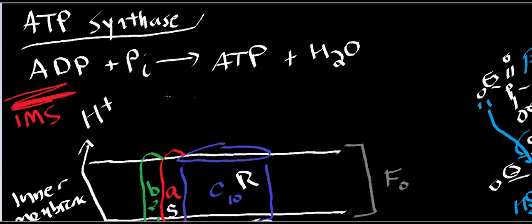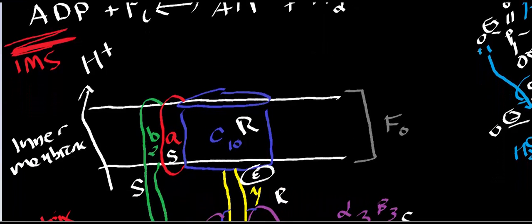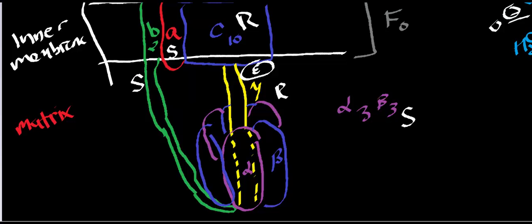But you can reverse this reaction, and ATP synthase can do it. It can hydrolyze ATP with water to ADP and phosphate. So the epsilon subunit is thought to play a role in protecting the ATP from hydrolysis, especially when you need to synthesize ATP, not hydrolyze it.